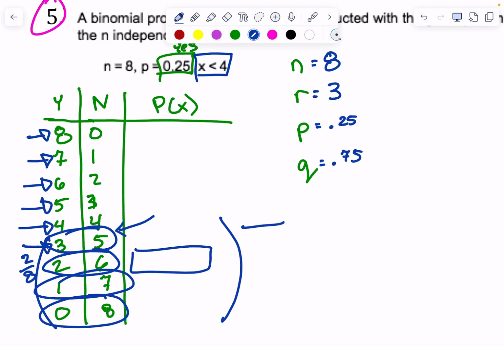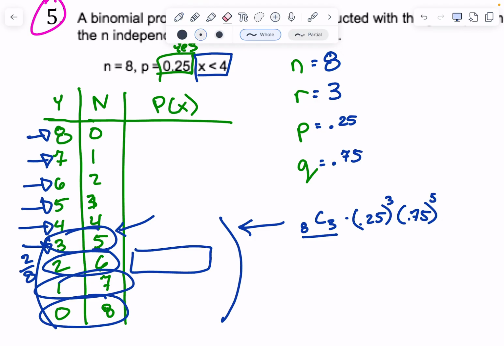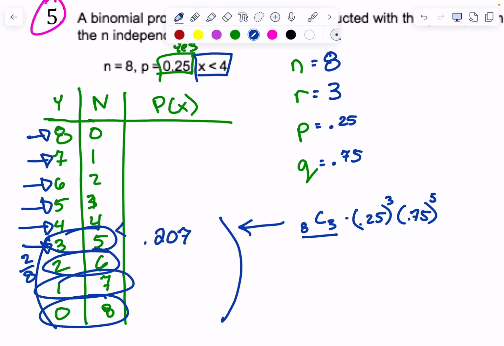So for this combination, I'm doing 8C3. That's the first chunk, times 0.25 to the 3rd power, times 0.75 to the 5th power. I got 0.2076.